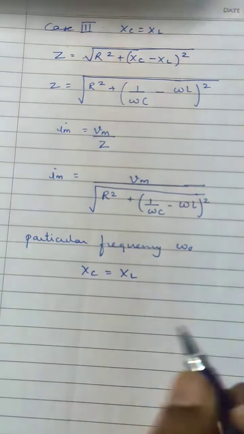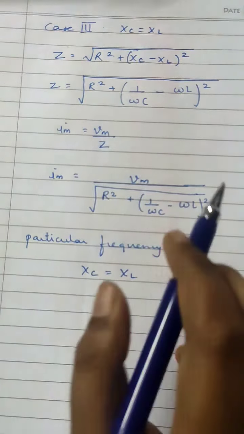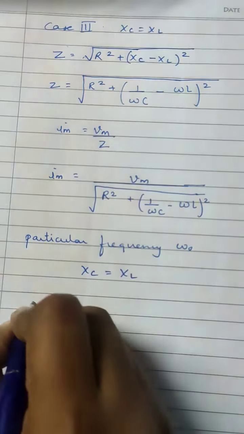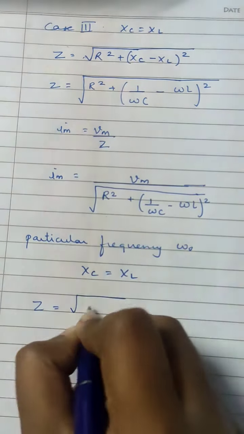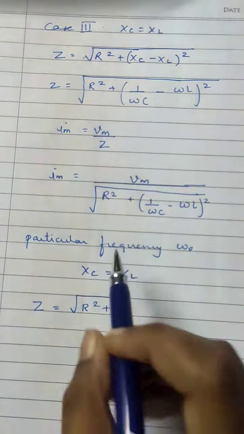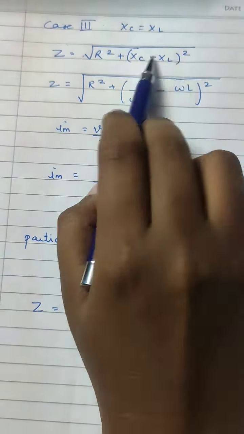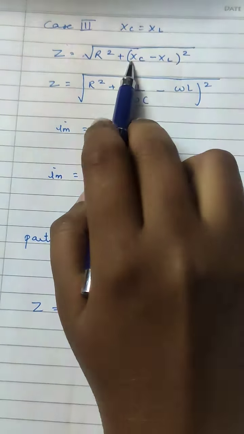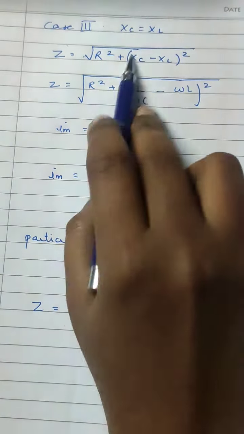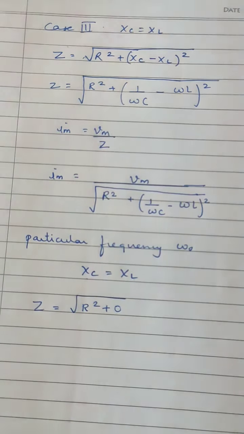So what will happen to the equation? Z is equal to the root of R squared plus the term (XC minus XL) squared. If XC and XL are the same, it is like 2 minus 2, which is 0, so this whole term becomes 0.